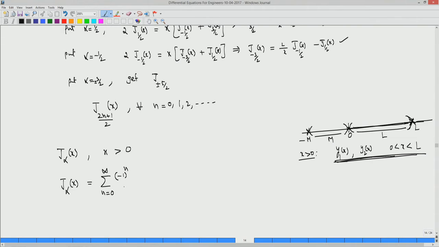So, this is what is your x_j, (-1)^n x^(2n+ν) over 2^(2n+α), divided by n factorial and gamma of n plus alpha plus 1.